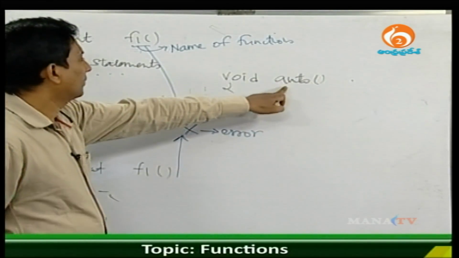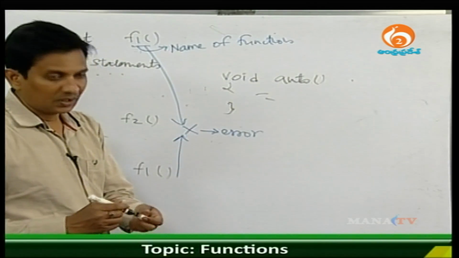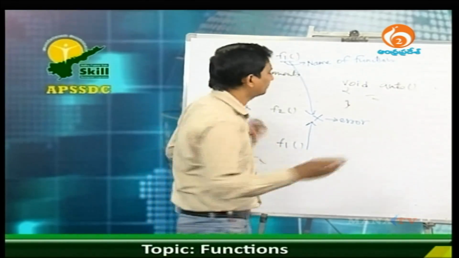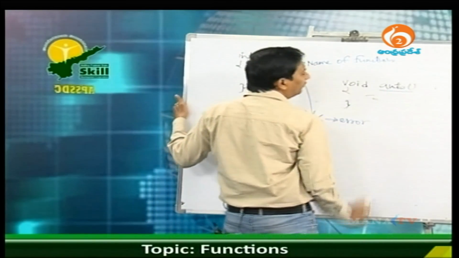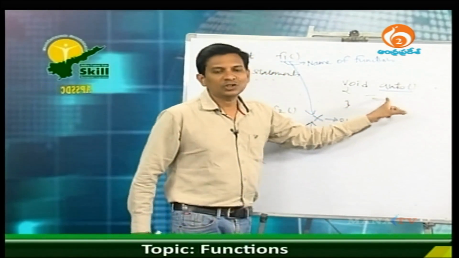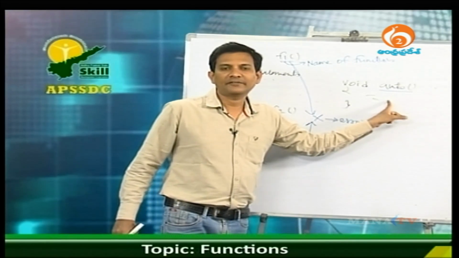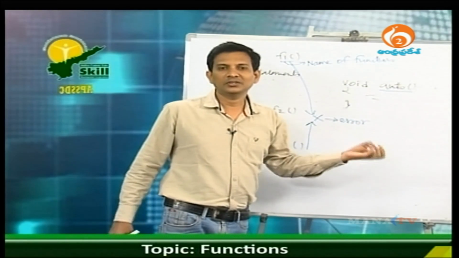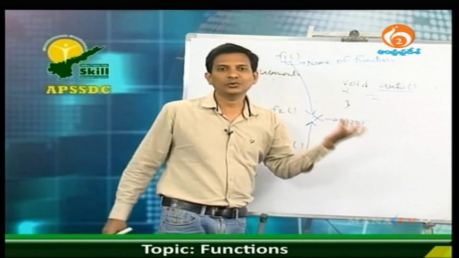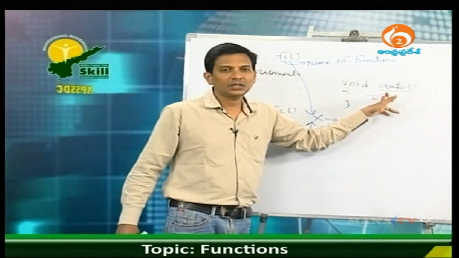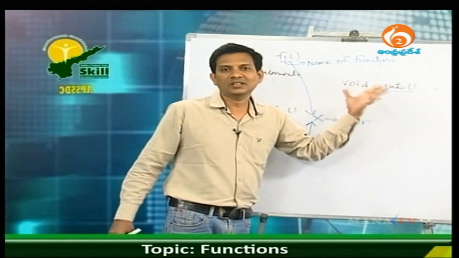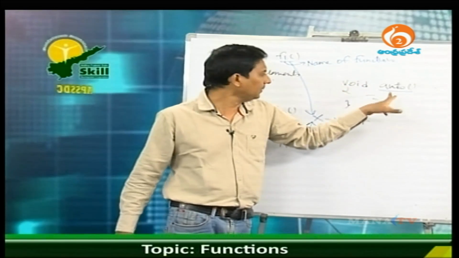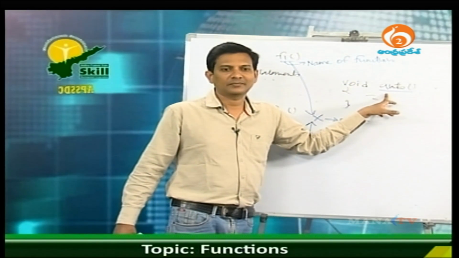Here it is not a valid function name, because it is a keyword. Keywords cannot be used for user defined function names; the name itself tells that it is user defined. I cannot use keywords. There are 32 keywords available, and those 32 keywords cannot be used for function names.